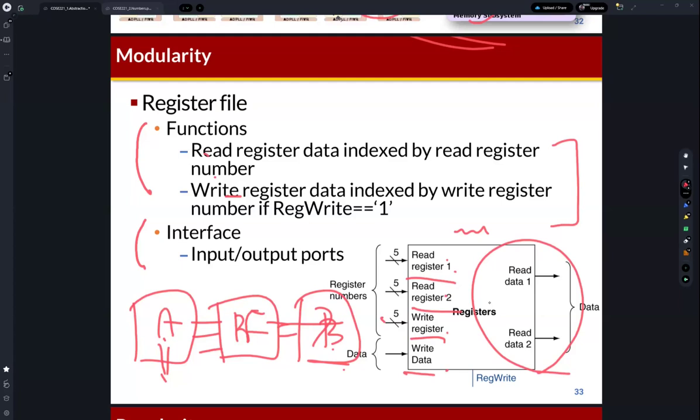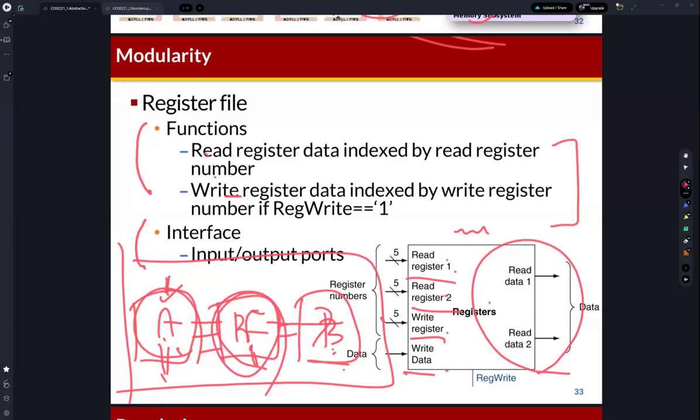Then how can we connect these modules to build a larger module? It's a hierarchical design. Actually, the student who is designing this module A does not need to understand the detailed operation of the register file, right?